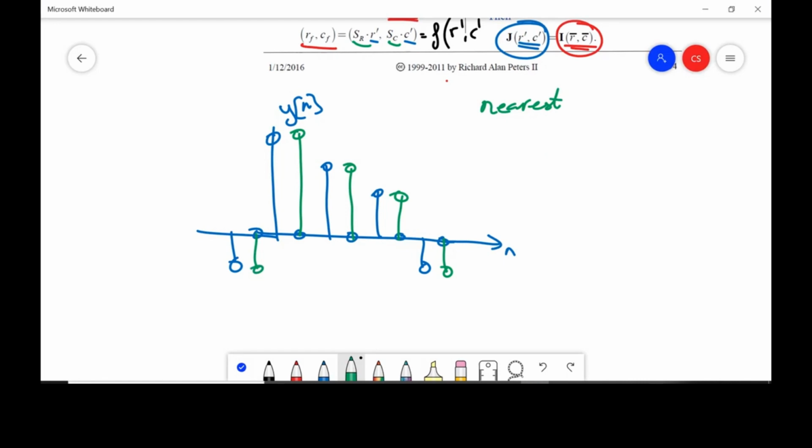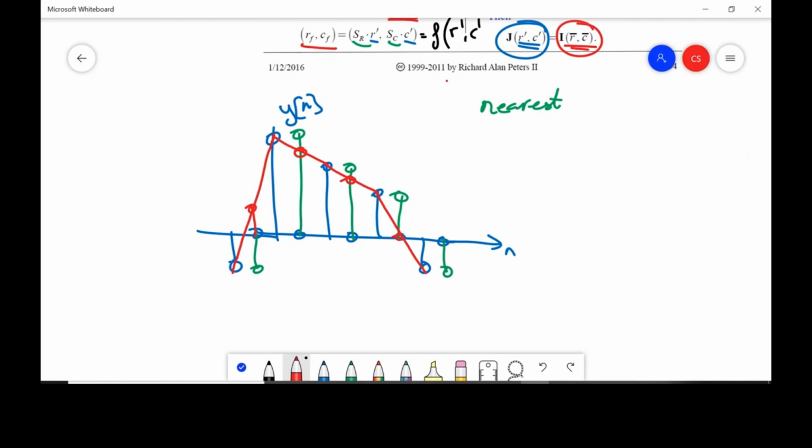But we had a better solution. We could, for instance, join known samples with lines, and then substitute by evaluating that line at the location we are interested in, and then that is our sample.